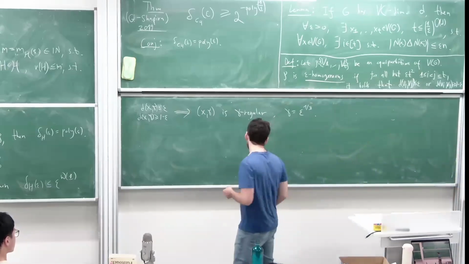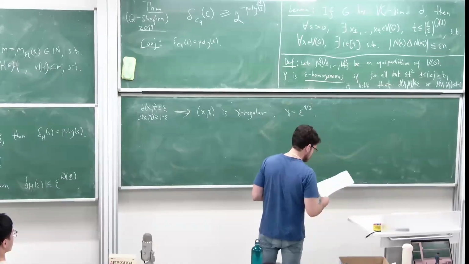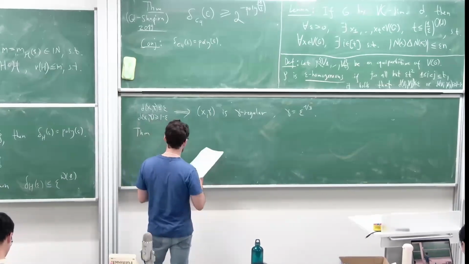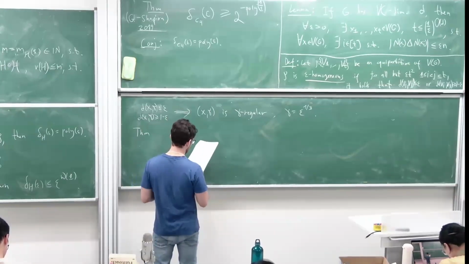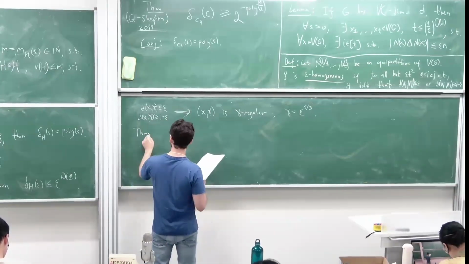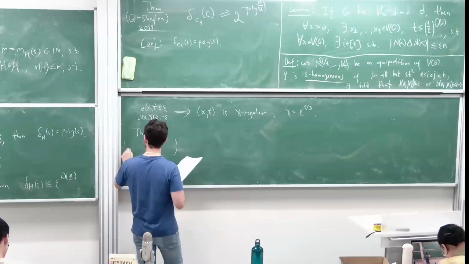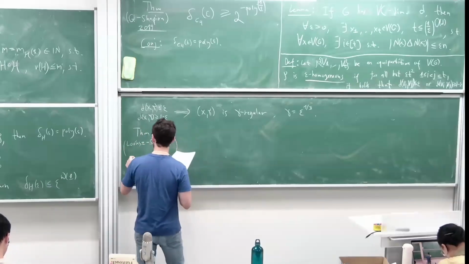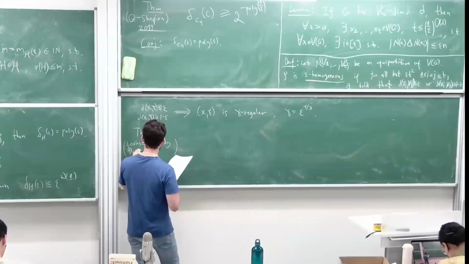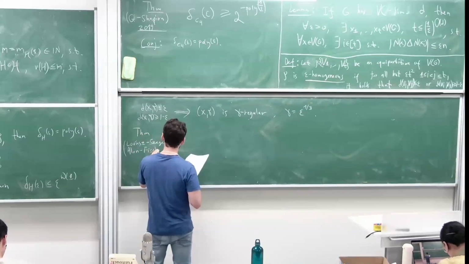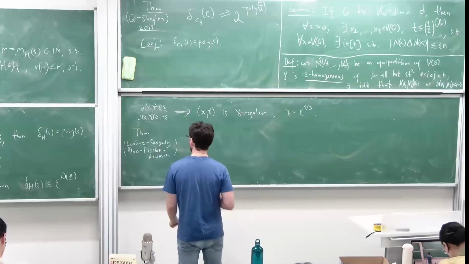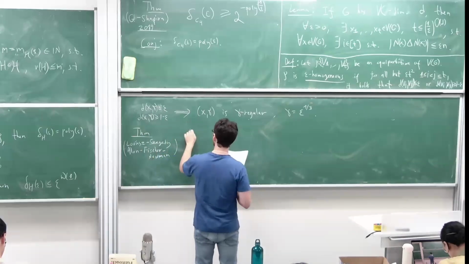Okay, so the theorem that we'll prove is that if the VC dimension is bounded, then we do have such a partition. This theorem is, as far as I know, due to Lovász and Szegedy, and independently Alon, Fischer and Newman. The theorem is the following.